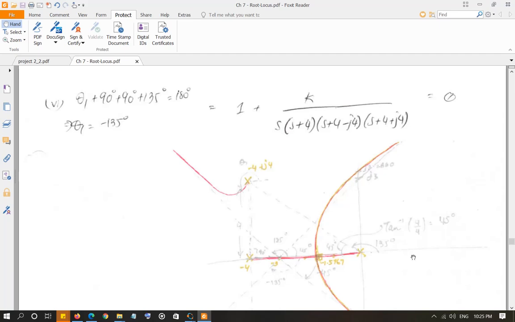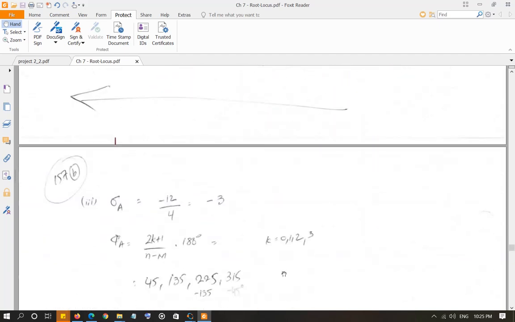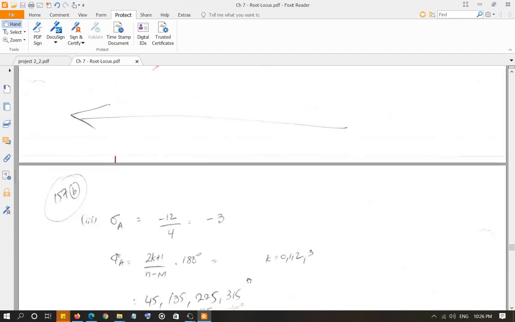Step number 3. What is step number 3? We're going to find the asymptotes along which the zeros at infinity will be located, and the point where the asymptotes are going to intersect on the x-axis, that is the centroid. To find the centroid, we have sum of all the poles minus sum of all the zeros divided by n, where n is the difference between poles and zeros, which is 4, of course, because there is no finite zero.